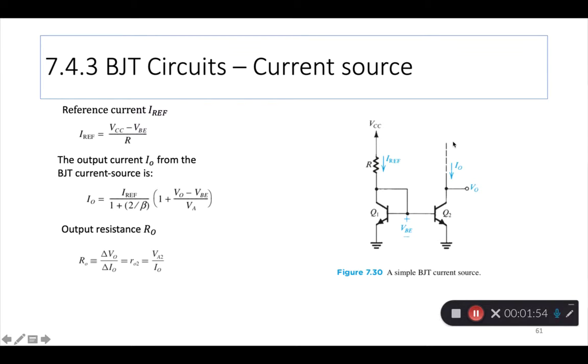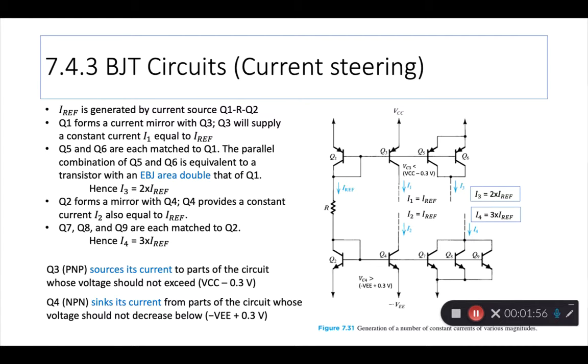That's how this was created. Here he's showing it slightly differently. We are taking a PNP and an NPN and together creating a reference current. So it's kind of a different approach. I don't know why he did that in the textbook, maybe to confuse us even more. But anyway, I'll walk you through exactly what's going on.